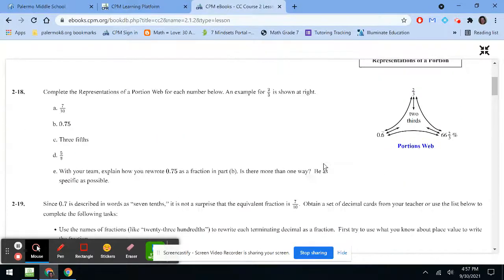So we have 2-18. It says complete the representations of a portion web for each number below. An example for 2/3, the one that we just did in the previous lesson, is shown. We have our fraction, which is 2/3, in written form. If I divide 2 by 3, I get 0.6 repeating.